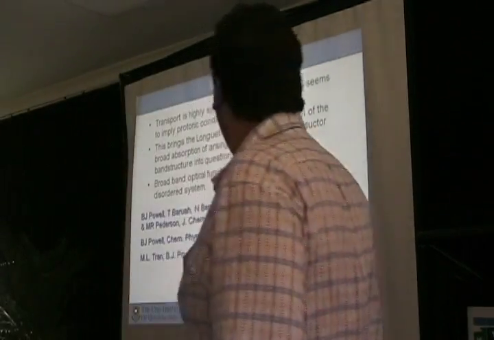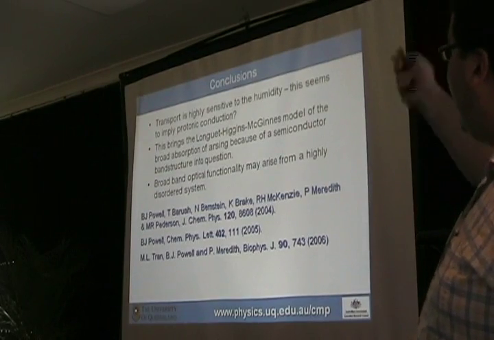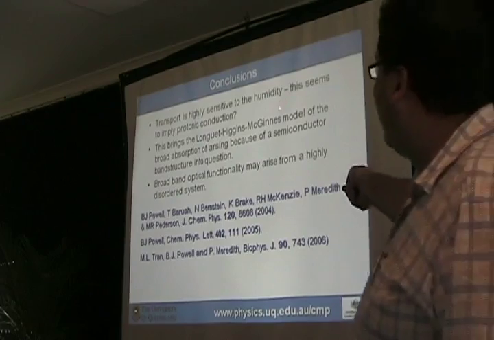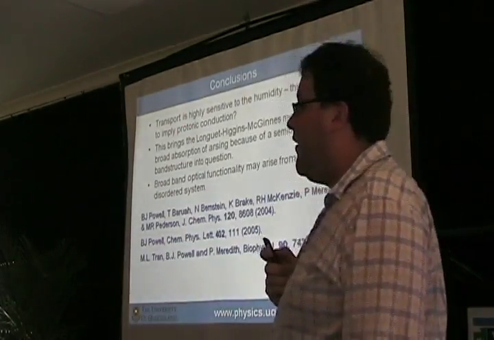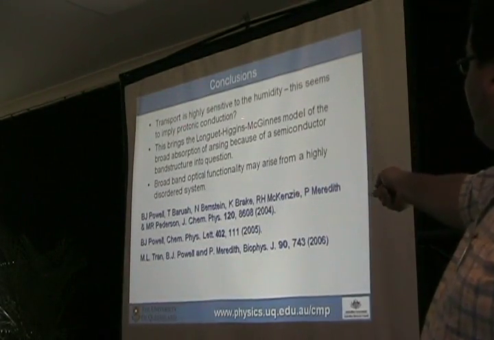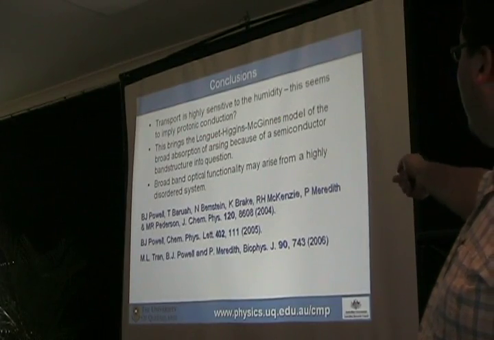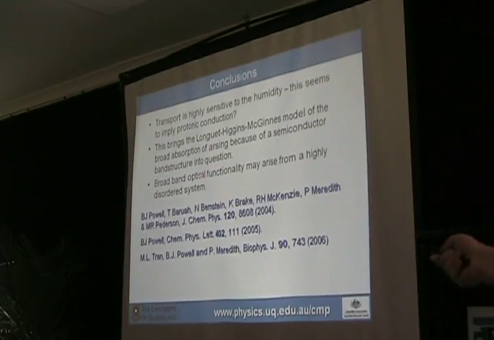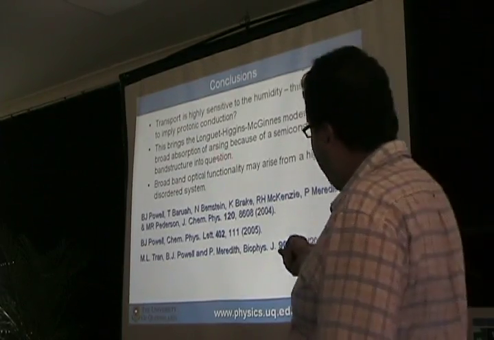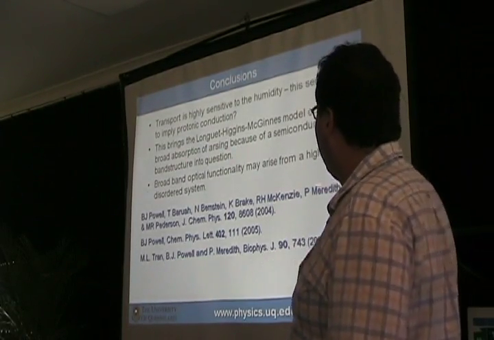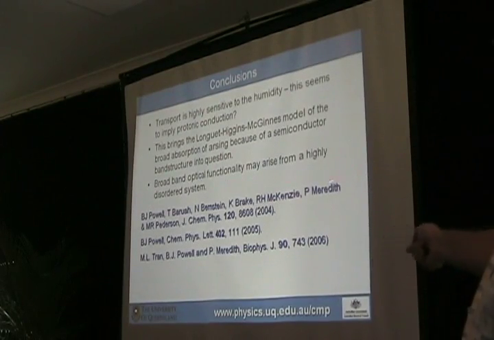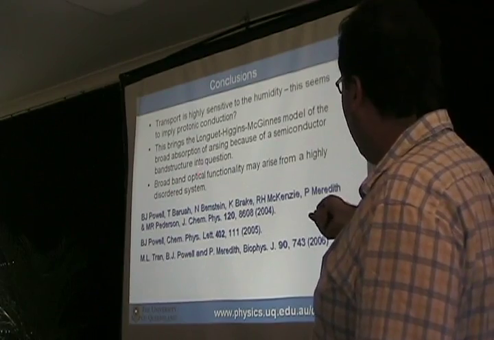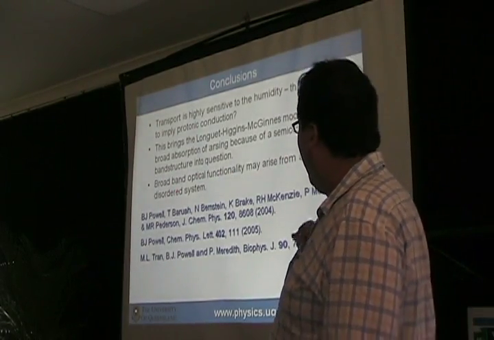Finally, to draw my conclusions, the main point is that we saw yesterday that the transport is highly sensitive to humidity, and that seems to imply protonic conduction. So this really brings the Longuet-Higgins and McGinness model of the broadband absorption arising from a semiconductor band structure into question. What we're arguing, based partly on intuition and partly on these calculations, is that it's quite plausible that the broadband optical functionality can arise from a highly disordered system.